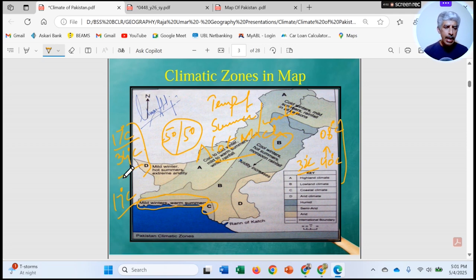So it means that when there is really very little difference in the winters and summers average temperatures, we see that those areas are known as humid areas, and it is the greater impact of humidity because of the sea breeze, and that sea breeze factor is known as the maritime effect.